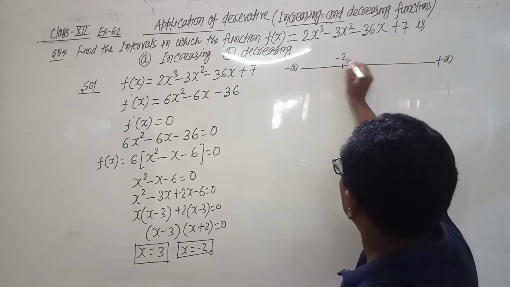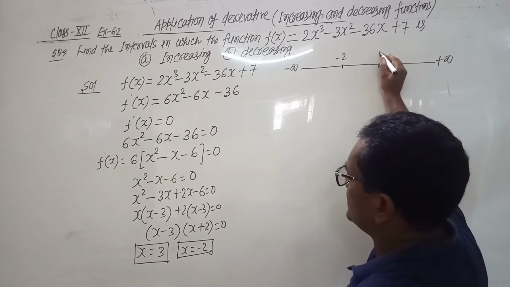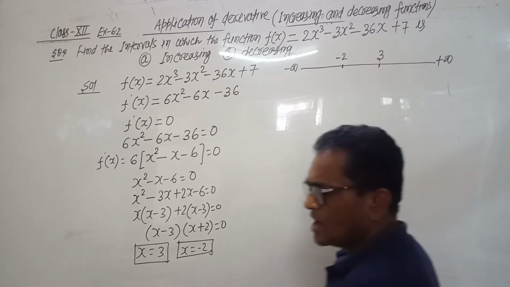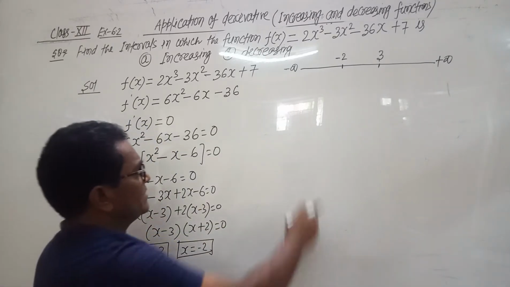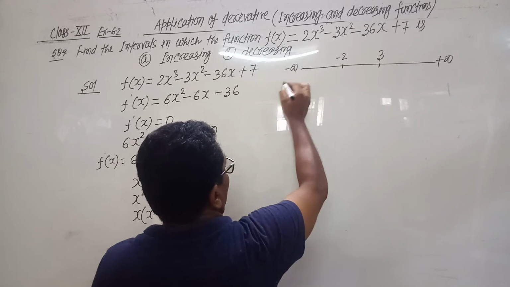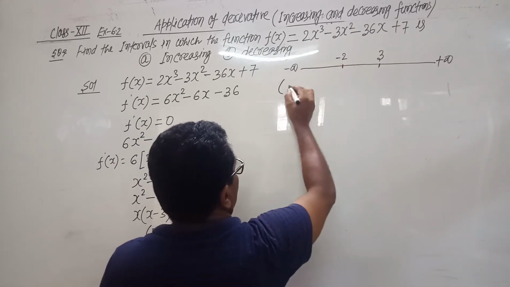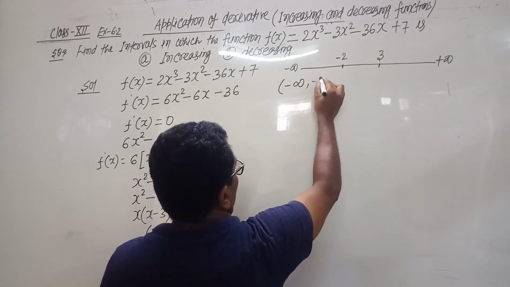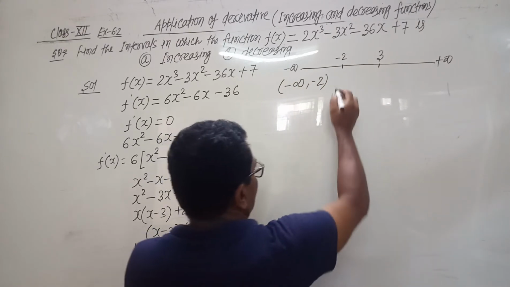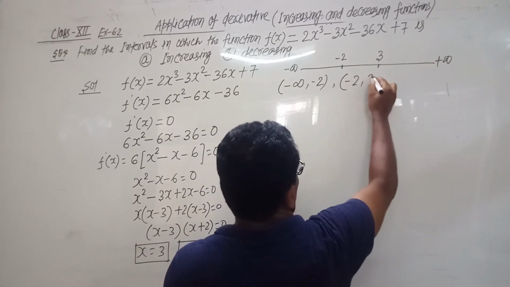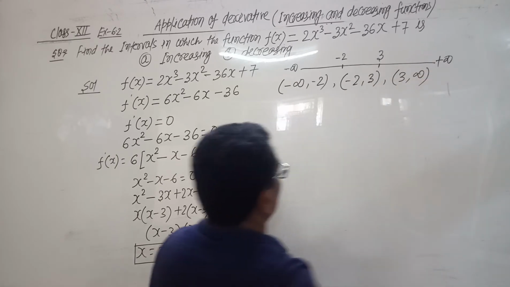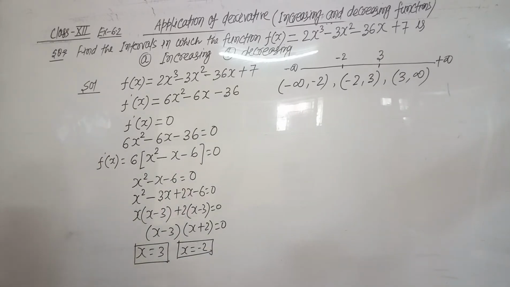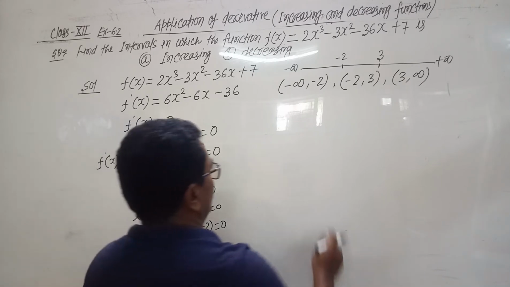So the whole interval is subdivided: from minus infinity to -2, then -2 to 3, and then 3 to infinity.